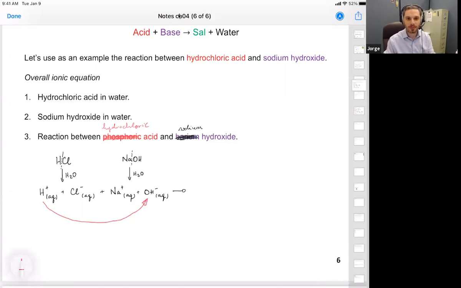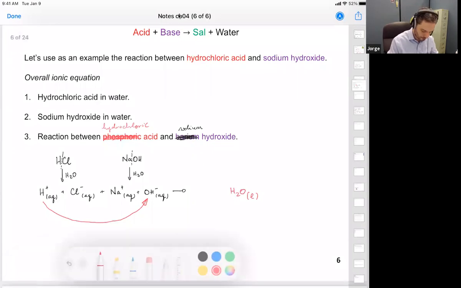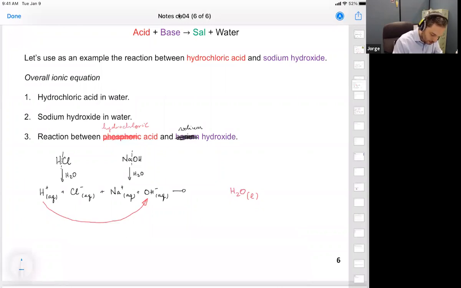H plus plus OH minus, that's going to produce HOH, and that's simply water. And of course, is in the liquid state. The other positive ion in solution is then going to combine with Cl minus, okay? So they are going to attract each other.